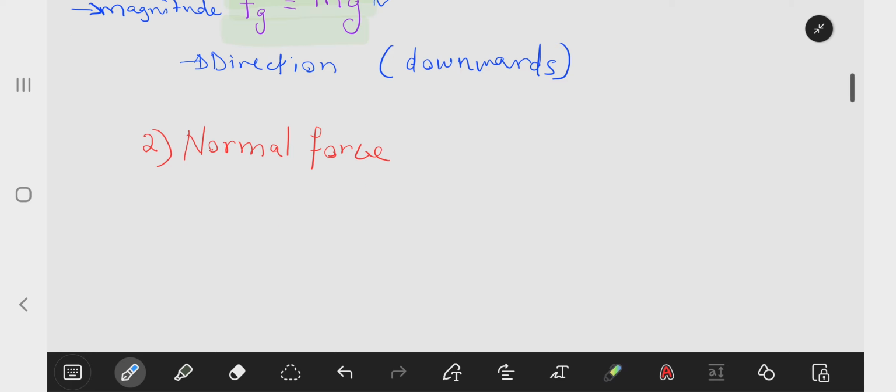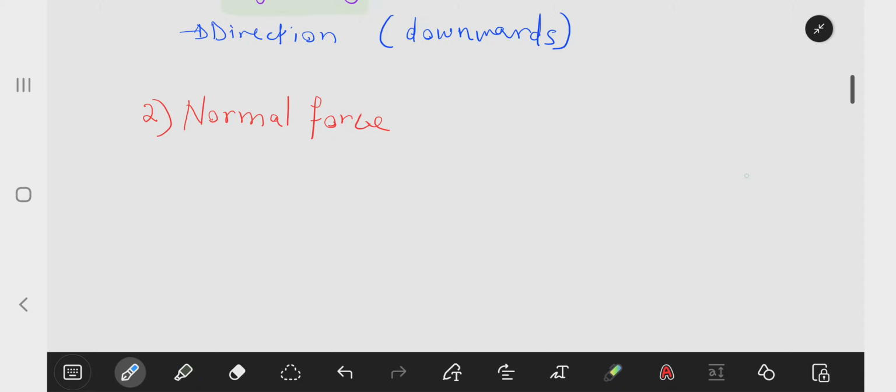So now, for example, if we had an object on a table, so this is a table, and we have an object on a table of mass 5 kg, okay? The fact that I said mass 5 kg means we have gravitational force, right?